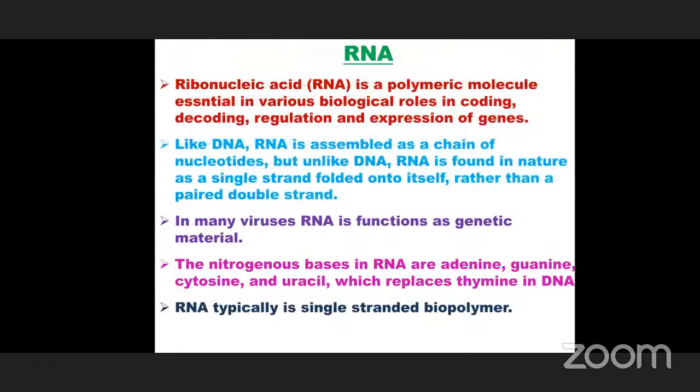Okay. Next, the explanation of one genetic material, DNA, is totally complete, and the other type of nucleic acid is RNA. The second type of nucleic acid is RNA. RNA full form is ribonucleic acid.